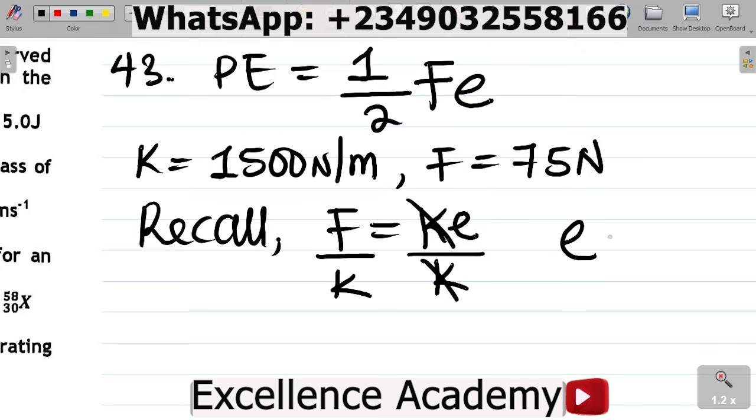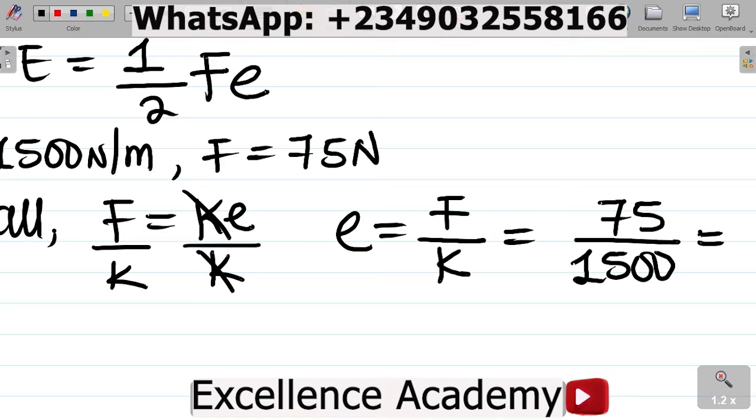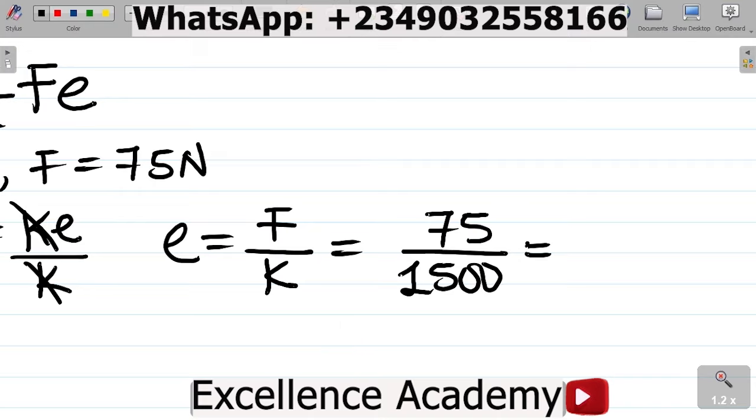So the extension E is equal to F all over K. Let's input values. This is equal to F is 75 all over K is 1500. If we do this, 75 over 1500, that's about 0.05. So I have this as 0.05. Extension is in meters.